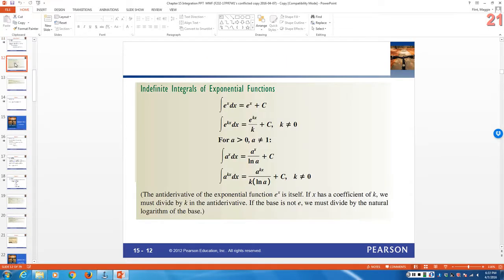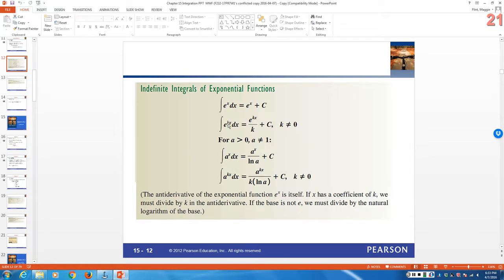Okay, there are also rules for how you do exponential functions. Basically, if you remember when we were doing derivatives, what was the derivative of e to the x? It was e to the x, right? Well, then that tells you that the antiderivative of e to the x is e to the x plus a constant.